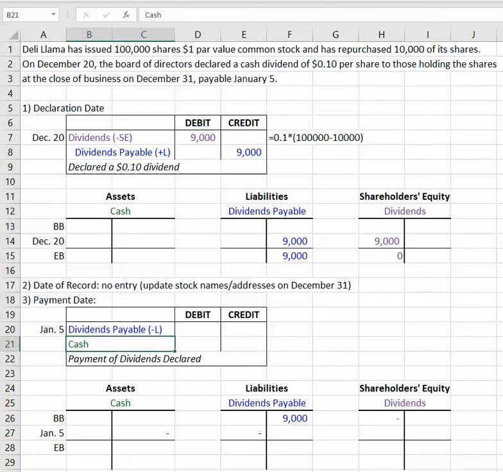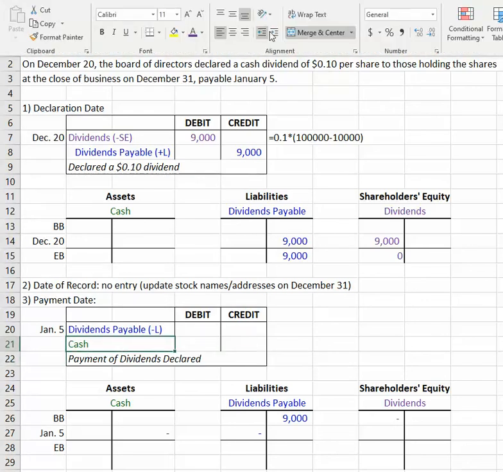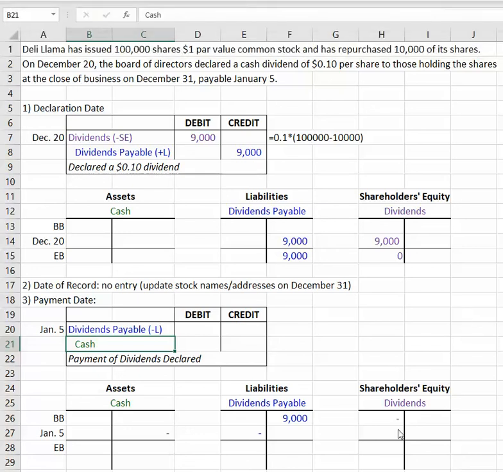As far as the effect on the financial statements, we have a reduction of cash. Sorry, I've got to actually do the amount here. It's the 9,000 that they owed. So the liability goes down, making it a zero balance, and then the cash goes down.